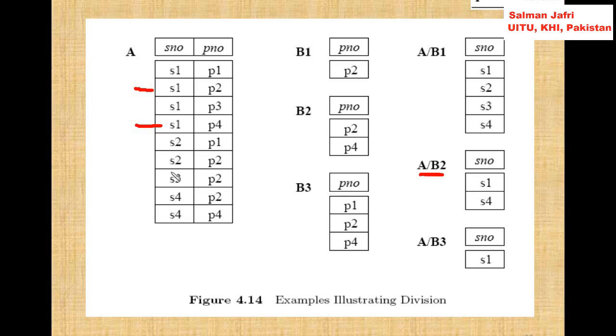Which is the other entry? Is S2 an answer? No. Because S2 is only appearing with P1, and S2 is not appearing with P4. What about S4? Yes, S4 is appearing with P2 and S4 is appearing with P4. So what is the answer? S1 and S4.